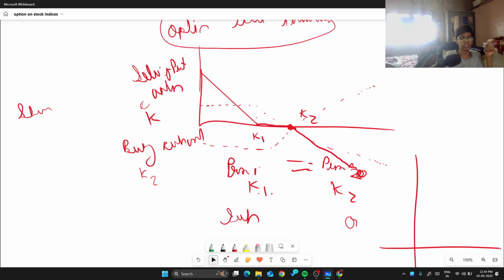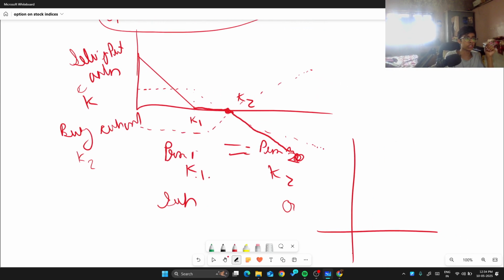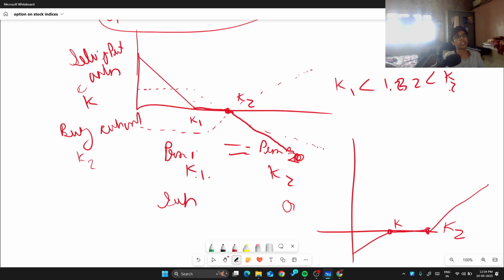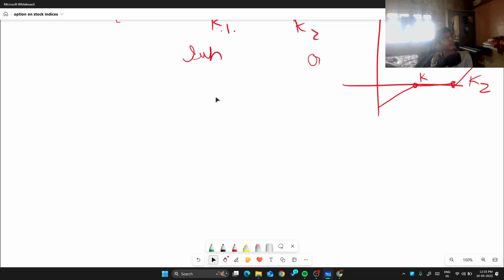If we think the market will go up, we will be in a long position. So we will first buy a call option at K1 and then sell the K2 put option. The strikes will be around the spot price, and in this way we can enter into a contract with zero premium.